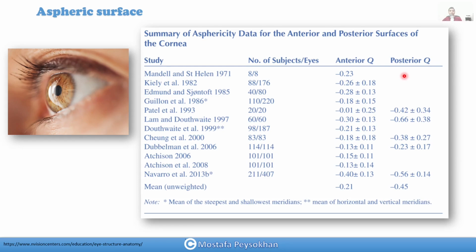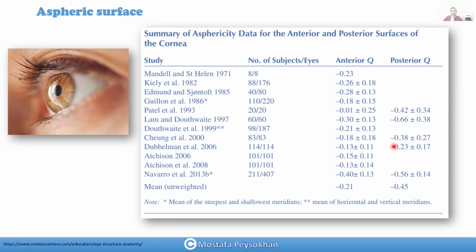As you remember, in one of my previous videos I explained that we usually don't have that much data for the posterior surface, because the anterior surface you can directly measure, but the posterior surface is a little bit harder. And in 1985, -0.28 plus or minus 0.13, a big standard deviation, and the number is changing also. So you can see we have a big range of data and statistical standard deviation.